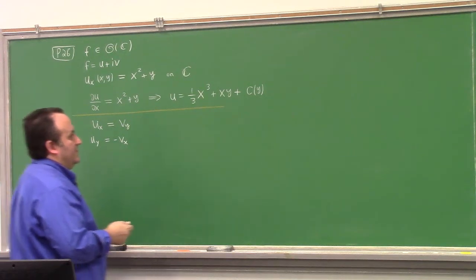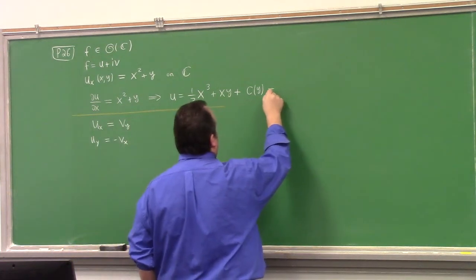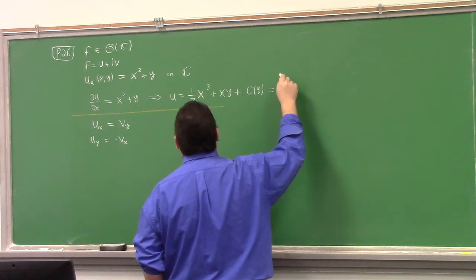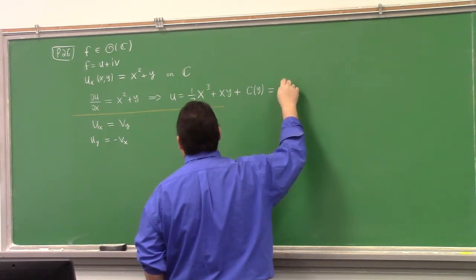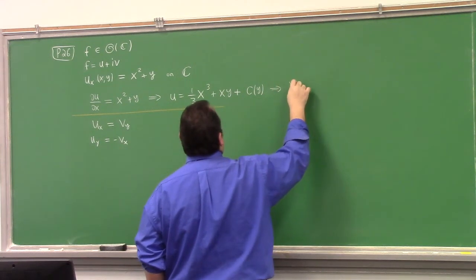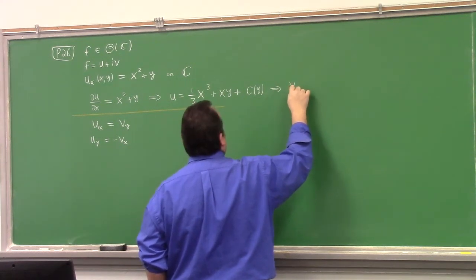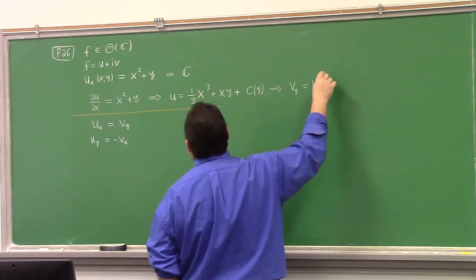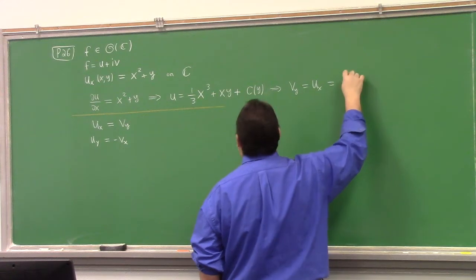So vy has to be equal to ux, right? Well, we already know that's x squared plus y, that was given.